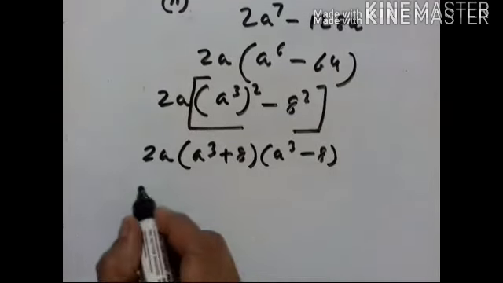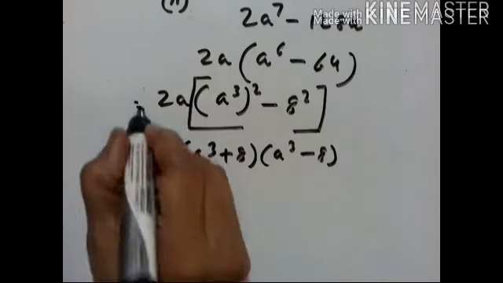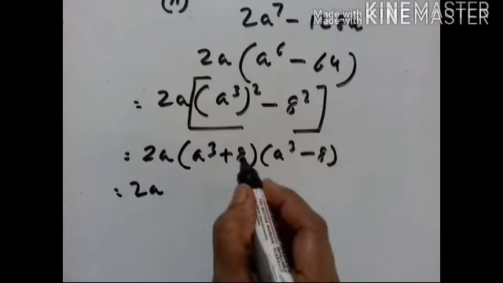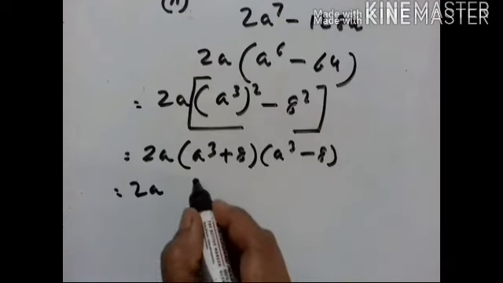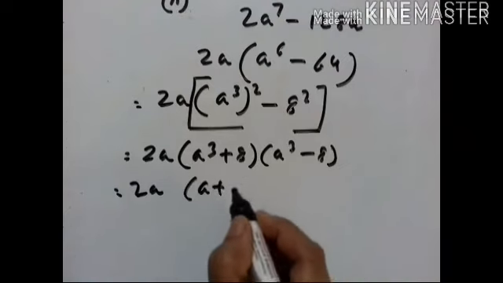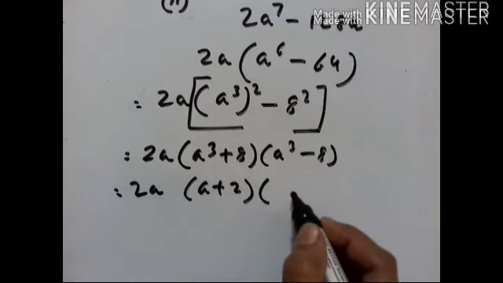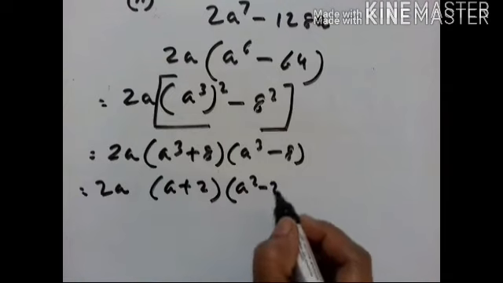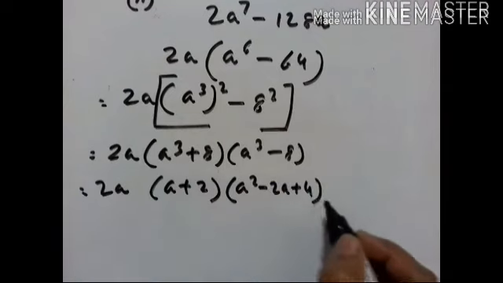a cube plus 8 is equal to what? a cube plus b cube. This is 2 cube. So (a + b), b is 2 here, into (a squared minus ab plus b squared), a squared minus 2a plus 4.